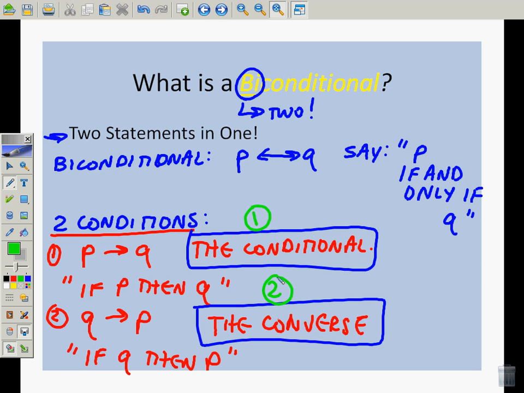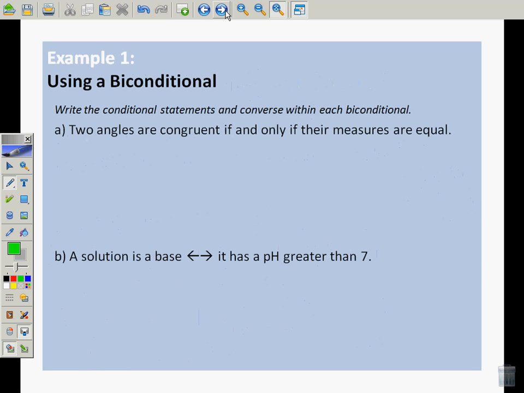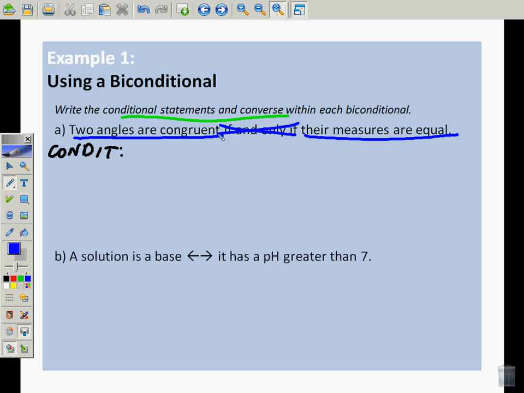So, what do we have here? It says write the conditional statements and converse within each biconditional. So, here I go. The conditional. I'm going to underline everything but this, because this really isn't important. Now that we know it's a biconditional, remember, we've talked about this in class. So this is going to be P, this is going to be Q. So when I write the conditional, I write if two angles, I'm using shorthand, that's a good note for you.